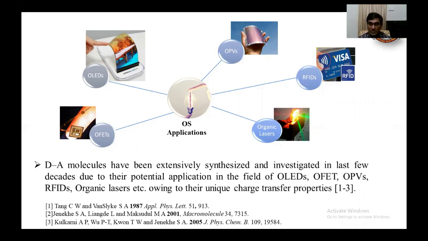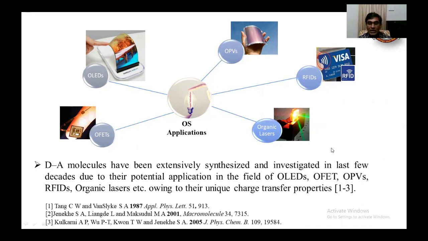Now, these DA molecules have been extensively synthesized and investigated in the last few decades for their potential application in the field of all these OFETs, OLEDs, PDs, RFIDs, and organic lasers because of their unique charge transfer properties.